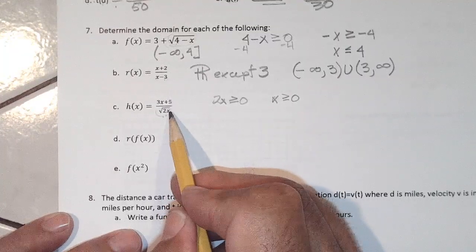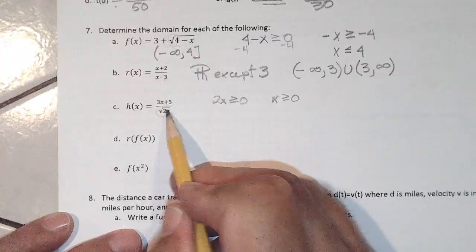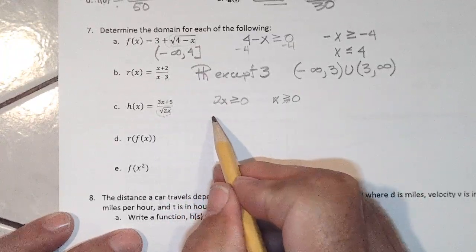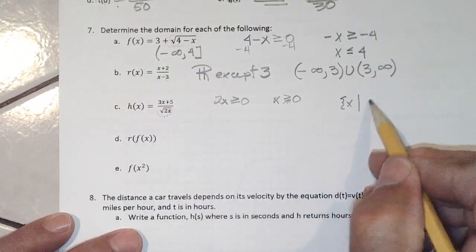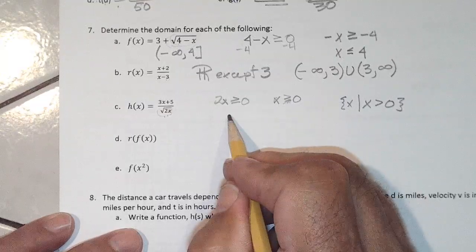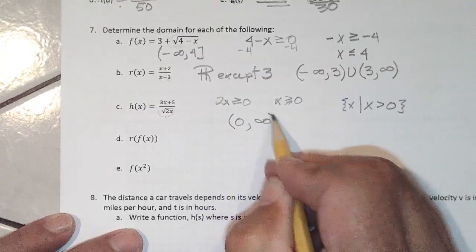But this also can't be 0, because if I put in 0, I get 0 in the denominator. So x cannot equal 0. So x has to be greater than 0, in set builder notation, or I can say from 0 to infinity.